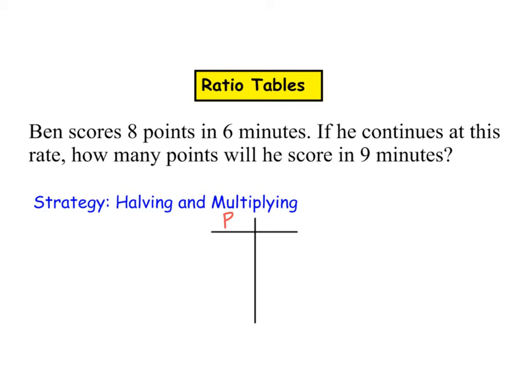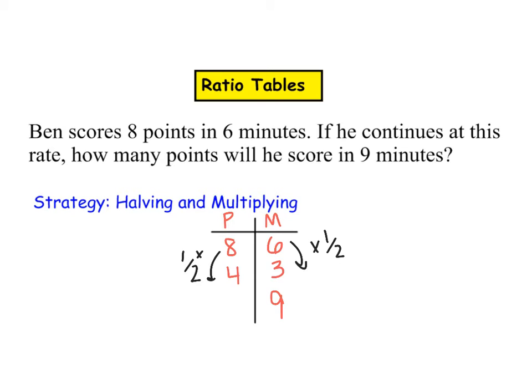So P for points, M for minutes, and again, the data from the problem. So 8 points in 6 minutes. And I want to get to 9 minutes. So I'm going to put my 9 here. I know that I cannot multiply 6 to get to 9, but I can take half of it. So 1/2 of 6, and then I can find 1/2 of 8, and that is going to be 3 and 4.